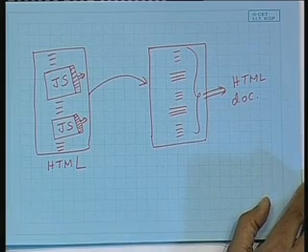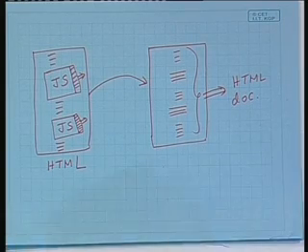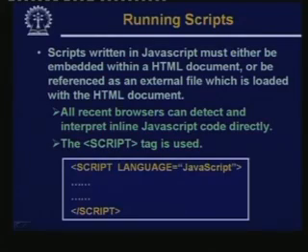This is the basic idea behind embedding a JavaScript program inside HTML and the way they are interpreted and processed. So, the recent browsers, as I said, all the recent browsers, Internet Explorer, Netscape, Mozilla, can all detect and interpret inline JavaScript code. Now, in order to identify that the code that follows is JavaScript code, we can use the script tag.